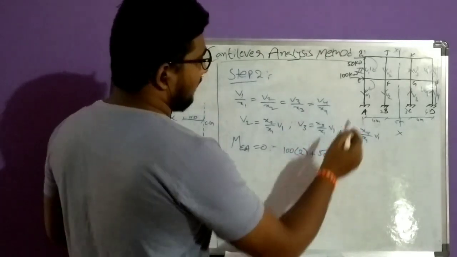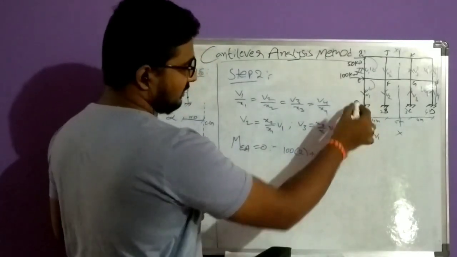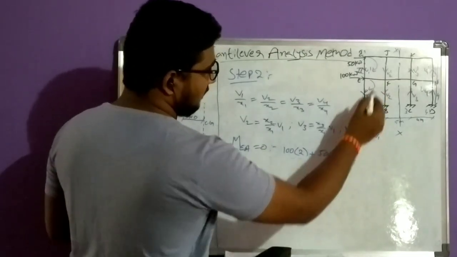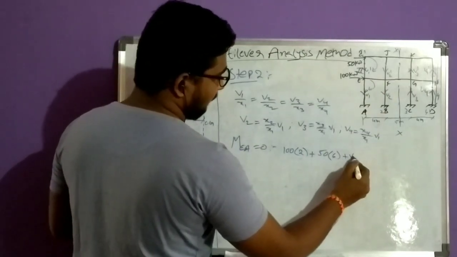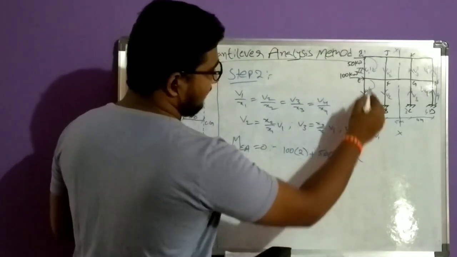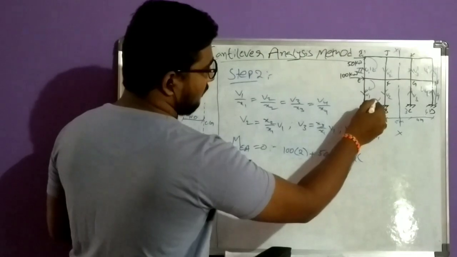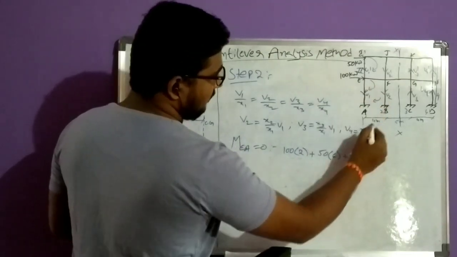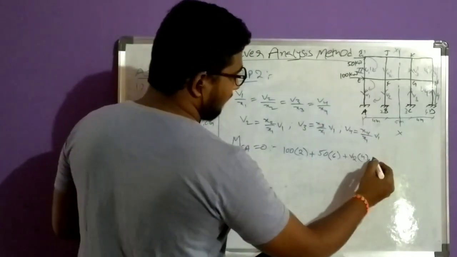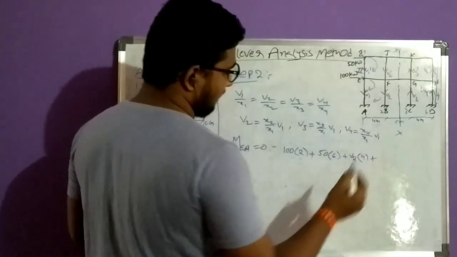And here V1 will act at 0 distance, so the V1 moment will be 0. And V2 will act on this, V2 into what is the distance? This is also a clockwise force. So what is the distance? Span distance 4 meters. In this way we have to calculate all the forces and distances here.